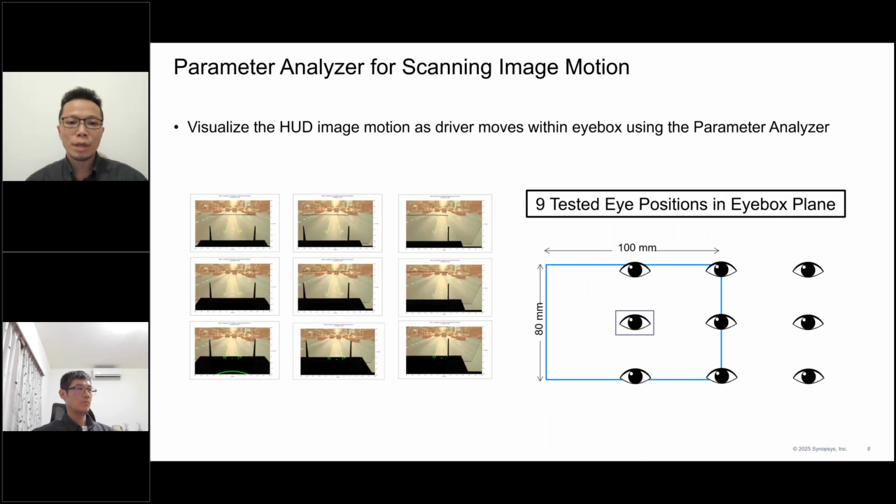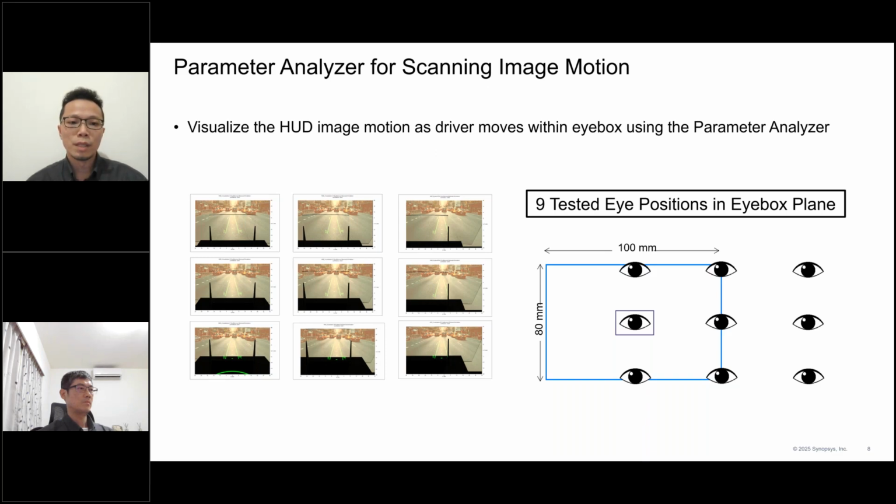And once you create the system, you can also scan the image motion when the eye position moves. To simulate these different positions, we can use the parameter analyzer. We define the XY position as variables, and this analyzer can help you move the eye position automatically, and then simulate and save the data.